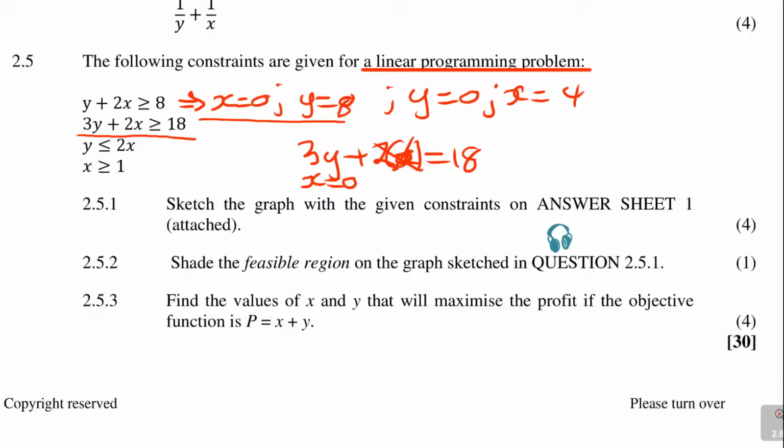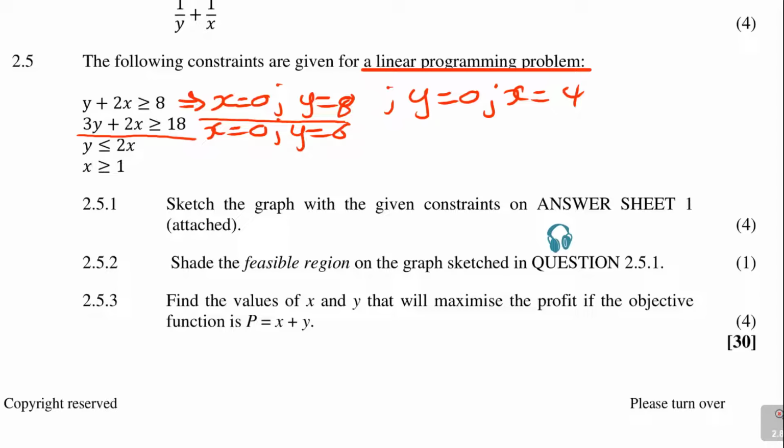It disappears. So you have got 3y is equal to 18. You divide by 3. You divide by 3. And then you say y, 3 into 18 is 6. You see that? So in here, I'm saying on the second one, when x is equal to 0, y is equal to 6.